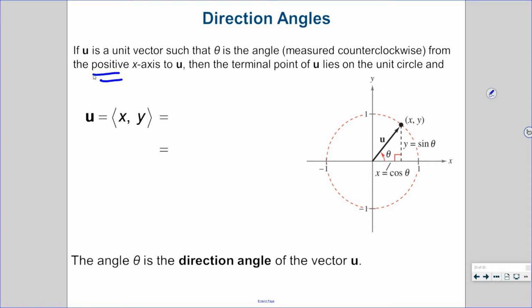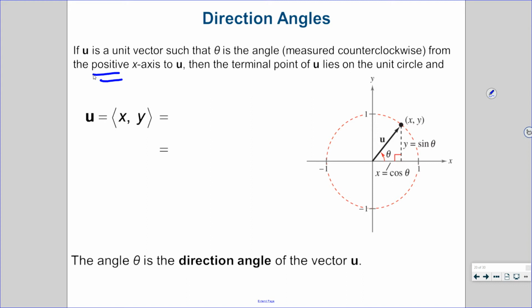It's kind of like when we started graphing angles in standard position, how we would start the initial side here and rotate the terminal side. So we measure the direction with the angle that it makes with the positive side of the x-axis. Okay, so there's not two rays here. This is still my vector, and then this is the angle we're talking about when we're talking about the direction angle. Okay, so let's just look at something on the unit circle, pretty basic here, that lies in quadrant 1.